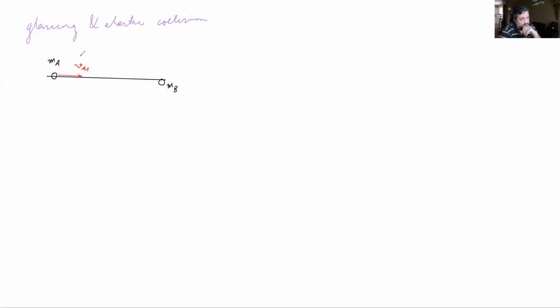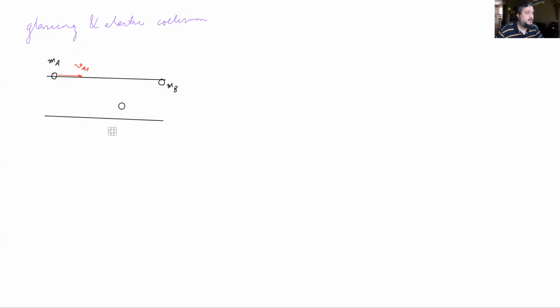But once the collision occurs, because B is a little offset to that line, there will be a velocity vector for MB and also MA, which is not along the original line. So this will be here, that original direction, but now A is probably moving not vertically, but at some angle, and MB similarly.